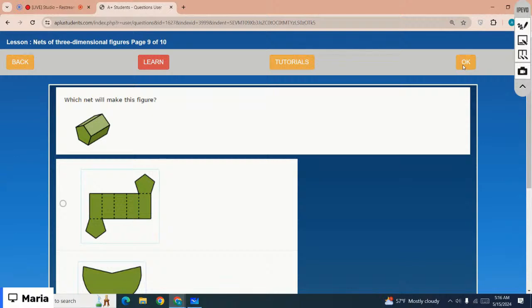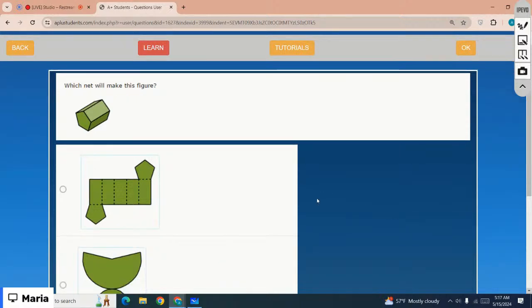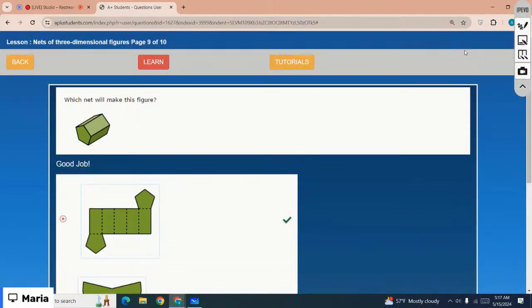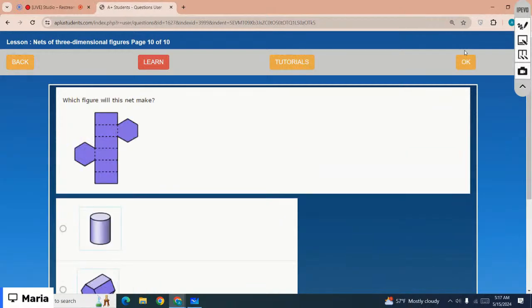Which net will make this figure? The correct option is option number one. Which figure will this net make?